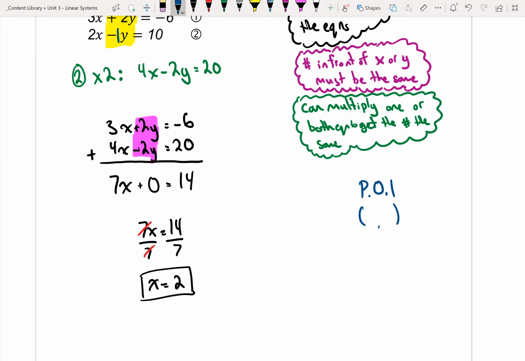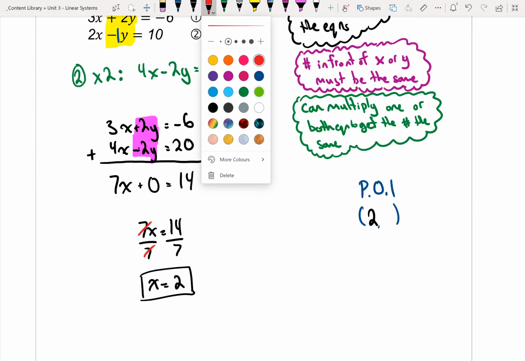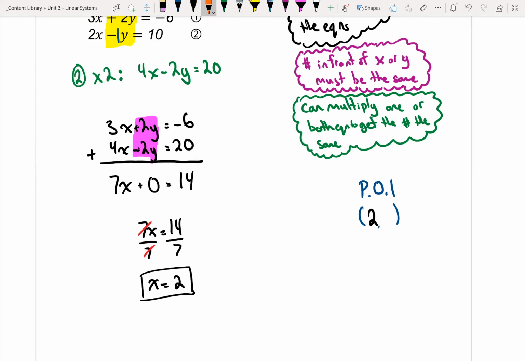So again, the goal was to find the point of intersection. I know the x value is 2. Let's choose another color here, keep it color coordinated, go with orange. So I've gone through all these extra steps, getting the equations the same. I've added them to get one of the variables on its own.